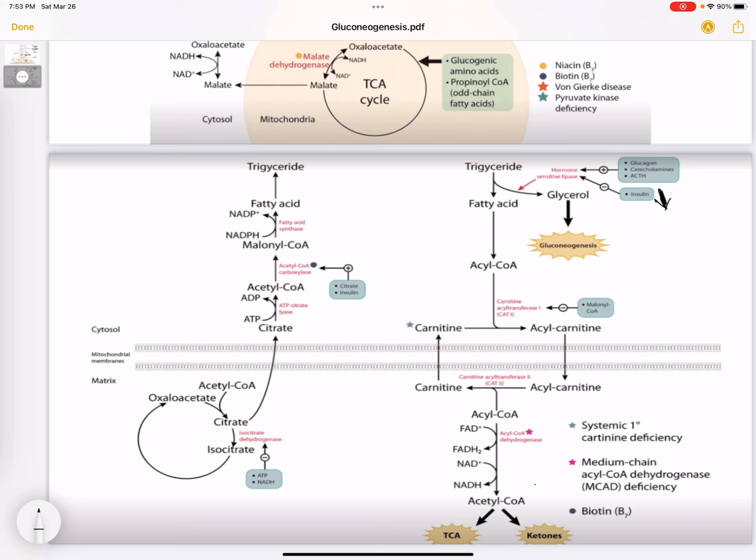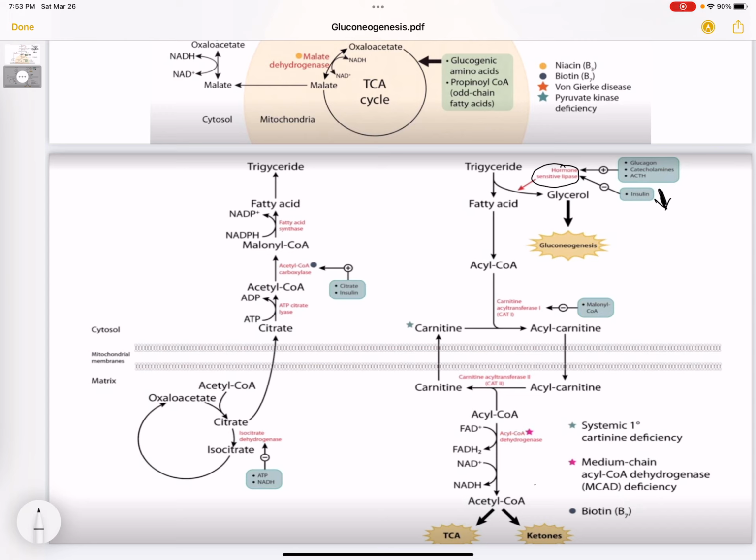Why? Because the major enzyme that breaks down triglycerides is hormone-sensitive lipase over here. And as you can see, hormone-sensitive lipase is inhibited by insulin. During times when we're not eating, our insulin levels are going to be low, and this pathway is going to be upregulated through hormone-sensitive lipase.